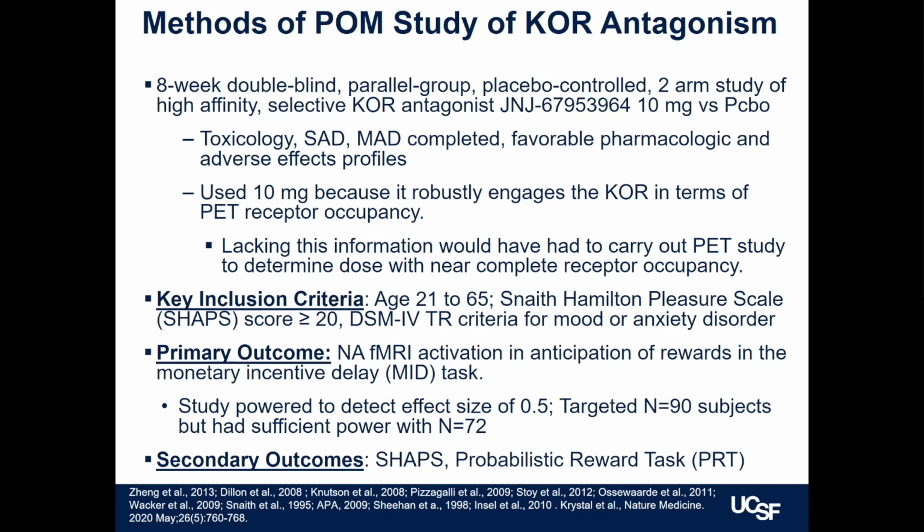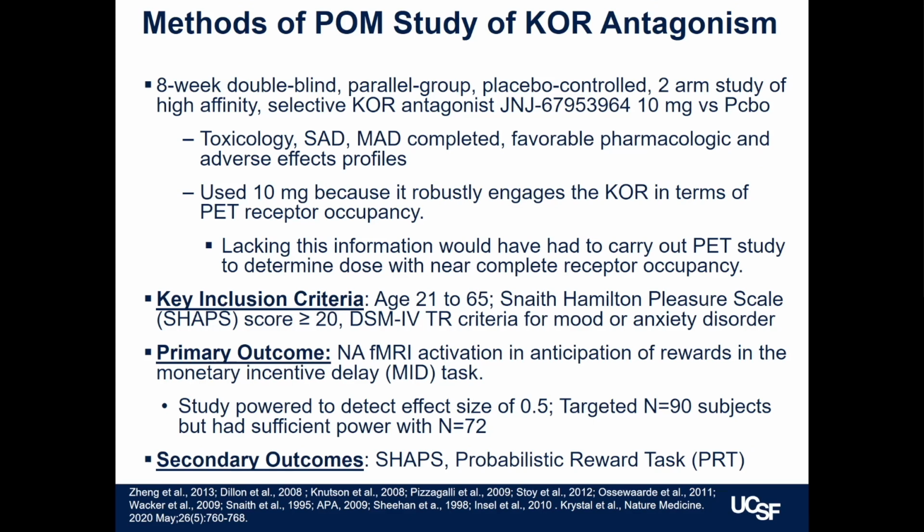So we had a clinical measure in the study, the Snaith-Hamilton Pleasure Scale, but it was not the primary outcome. It was secondary. And we did fMRI, functional magnetic resonance imaging, during a task called the monetary incentive delay task, which has been used by lots of people, where people are given a cue that they're going to have the opportunity to win money or lose money, and we actually pay them based on their performance in a simple reaction time task.